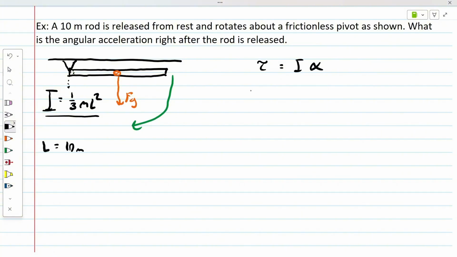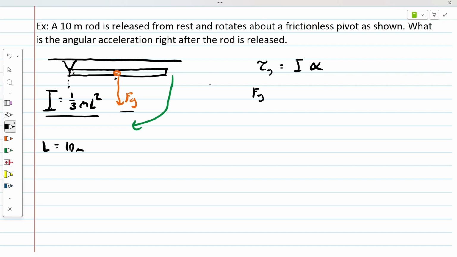So we know the torque is going to be the force due to gravity, which is what's causing the torque. So this is a gravitational torque because no other forces are applied to this rod when it's released, times the radius. And so what is the radius going to be? Well, it's applied right in the middle because we're assuming this is a uniform beam or rod.